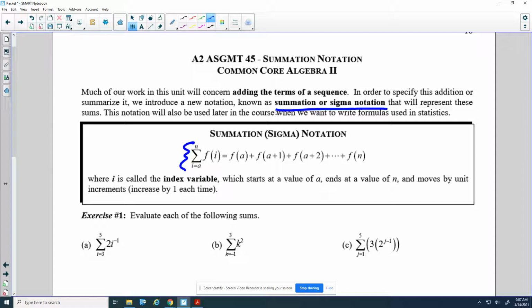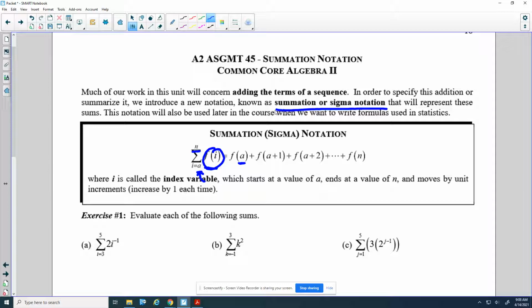Basically, when we see that notation, and we see something that comes after it, like a function, we are going to plug different numbers into this function, starting with whatever value is at the bottom, so a, and basically counting up to whatever number is at the top.